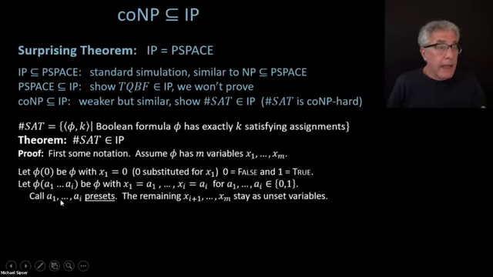And more generally, phi of a1 to ai, if I have i values a1 to ai, which to start off with are just zeros and ones, just Boolean values, is the formula with x1 set to a1, through xi set to ai, for those i constants, which are zeros and ones.